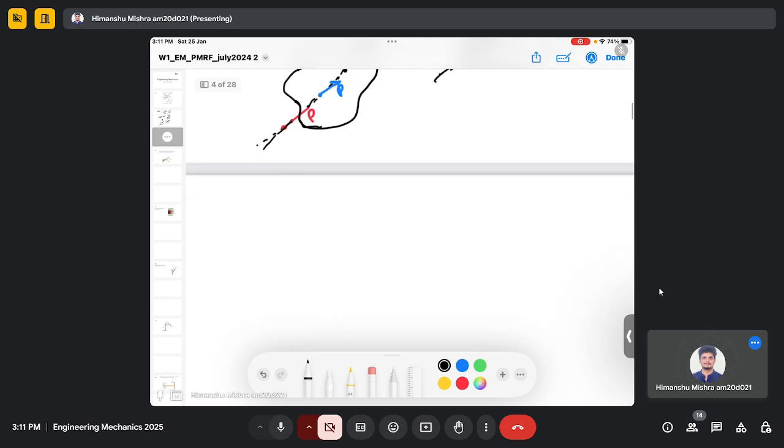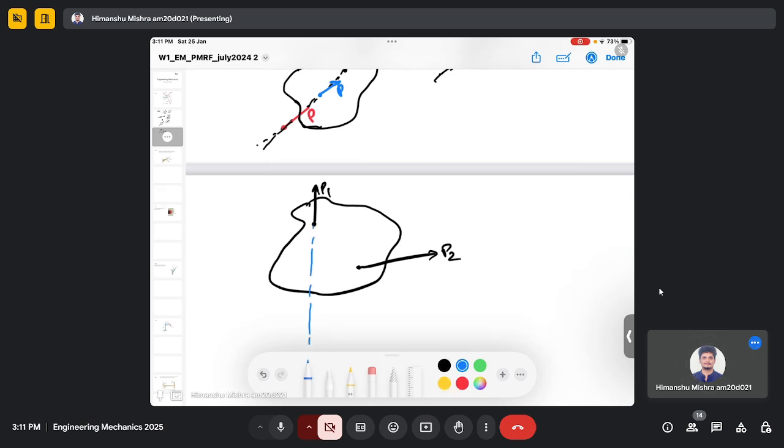Now let's consider the same body, and now you have two forces. This is P1 and this is P2, and now you can draw the line of action for each force. So this is the line of action for P1 and this is the line of action for P2.